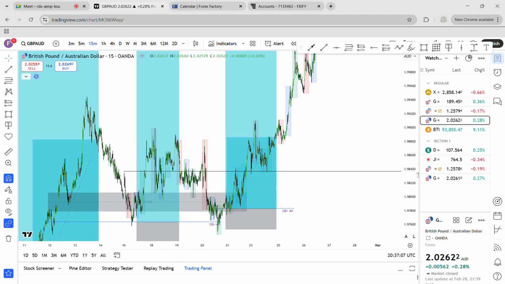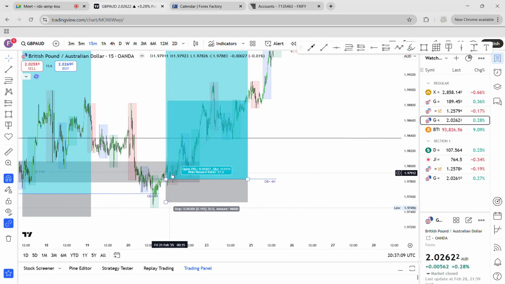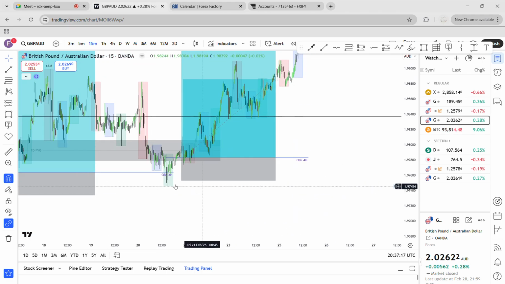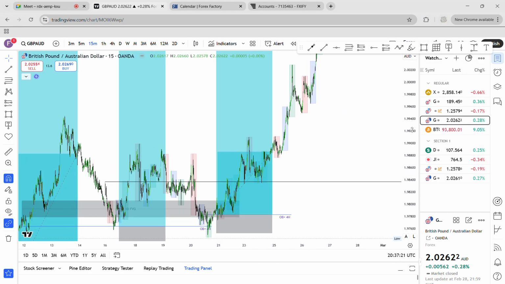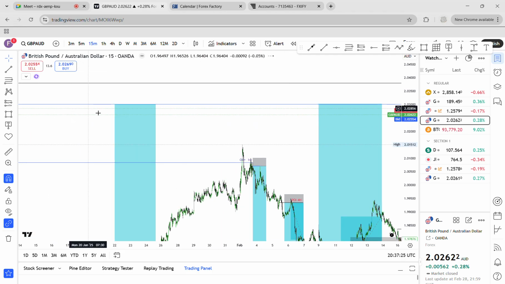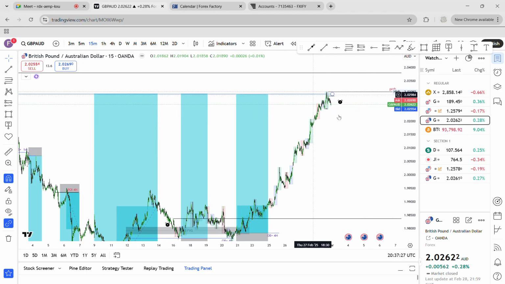Then it gave me another setup here, because I know we have to respect my 30 pip stop loss, so it's not stopping me out. We entered again. So this is 500 and something pips, because the target was this high that we just seek right now.